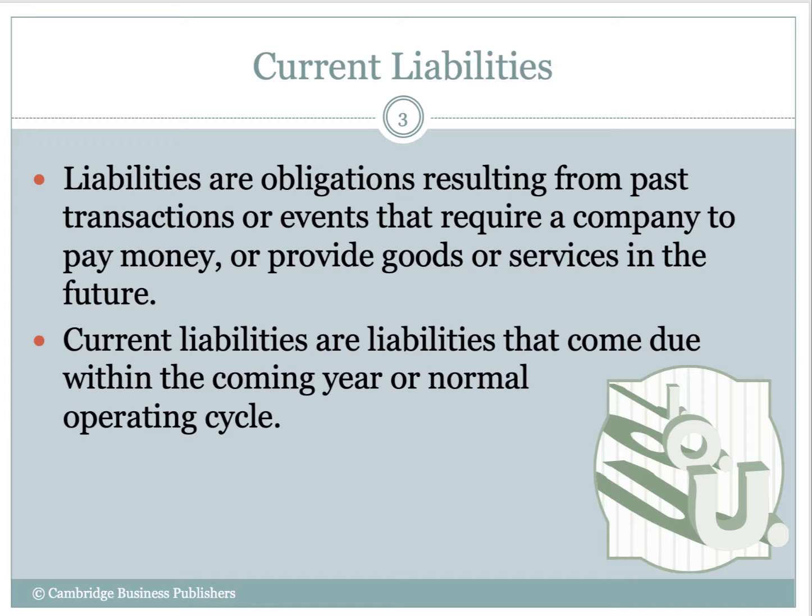So if we have accounts payable, those were all current liabilities. The reason they were current is that these accounts payable were going to come due within the year or the operating cycle. We might have some liabilities that aren't due until maybe 5, 10, 15, maybe even 20 years down the road.